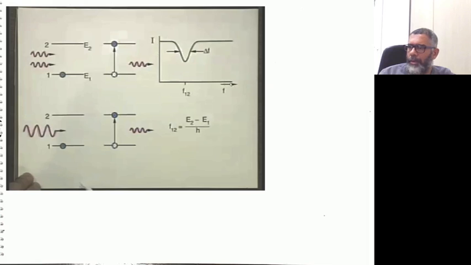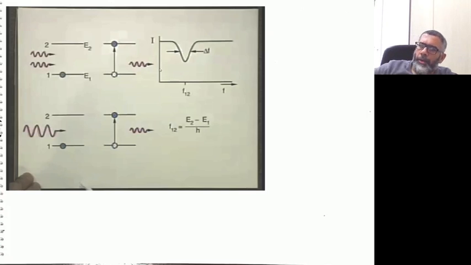intensity versus frequency. Whenever there are photons with energy equal to the energy difference of the medium, you will see a dip when the frequency of the incoming photons is equal to the energy difference between these levels.